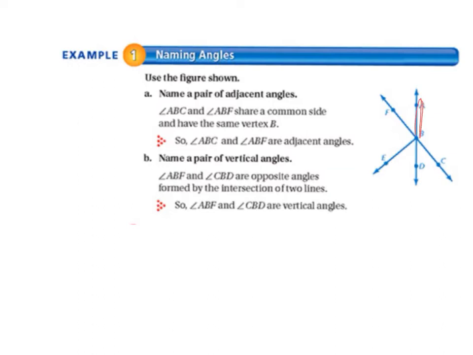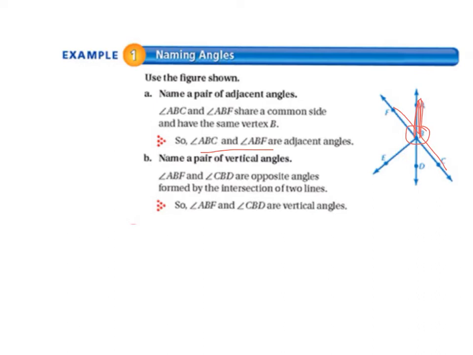ABC, that angle's right there, and ABF, there's that common side, share the common side, and they have the same vertex, which is B. So angle ABC and angle ABF are adjacent angles. So they have to have the common side and the common vertex.